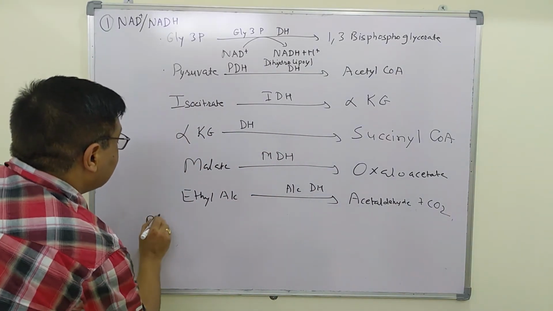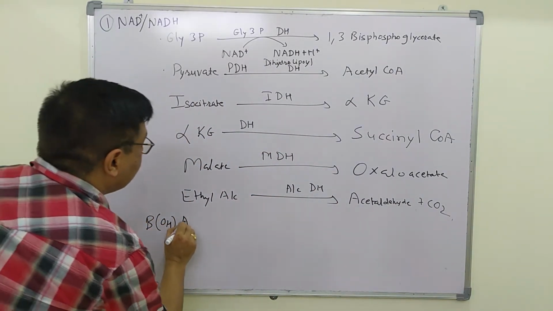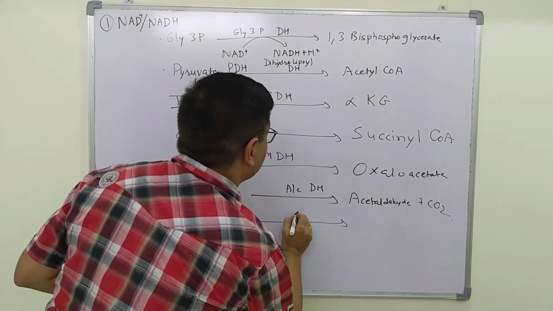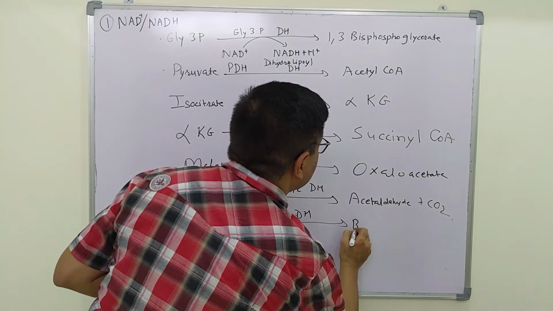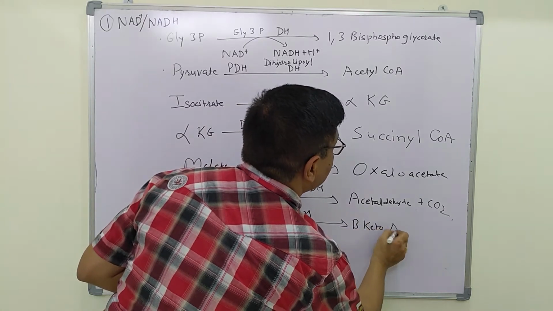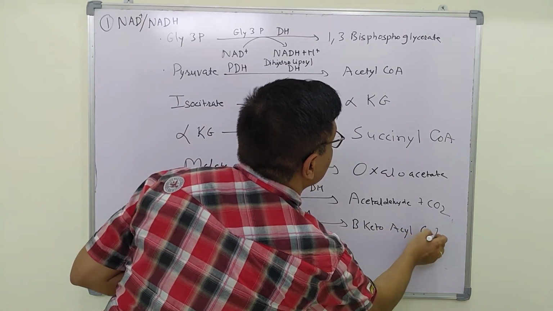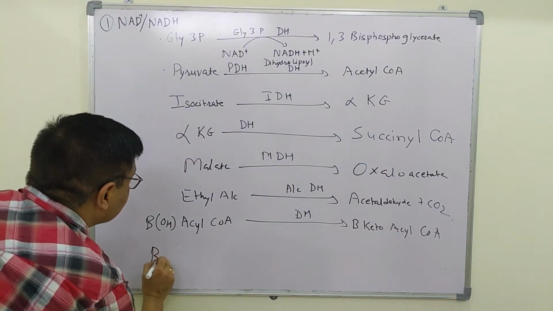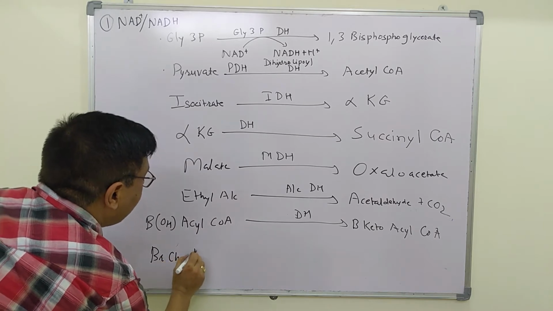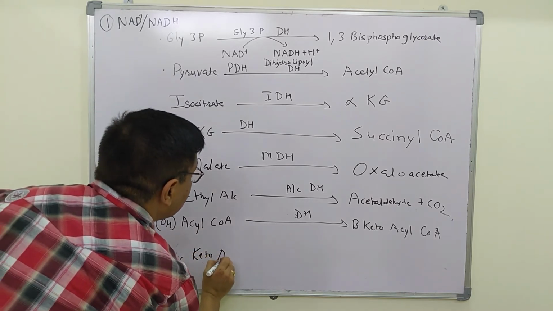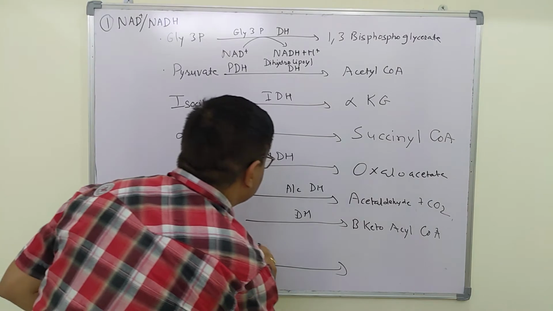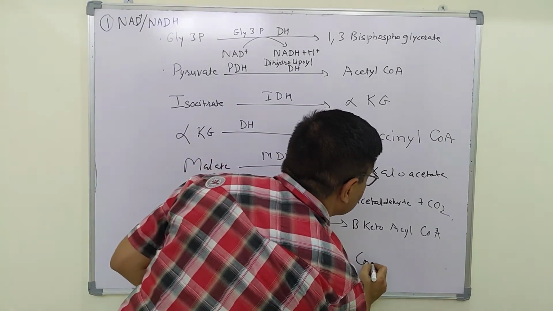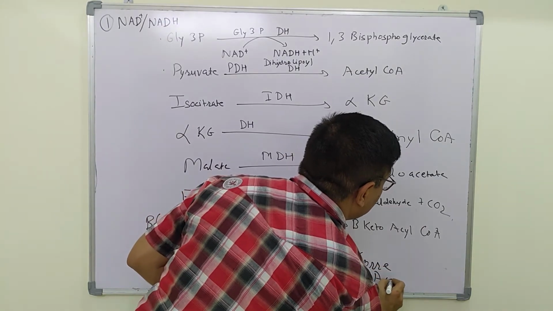Then beta hydroxy acyl CoA acted upon by beta hydroxy acyl CoA dehydrogenase is converted into beta keto acyl CoA, and branch chain keto acids acted upon by branch chain keto acid dehydrogenase. Actual enzyme is dihydrolipoyl dehydrogenase, is converted to corresponding acyl CoA.